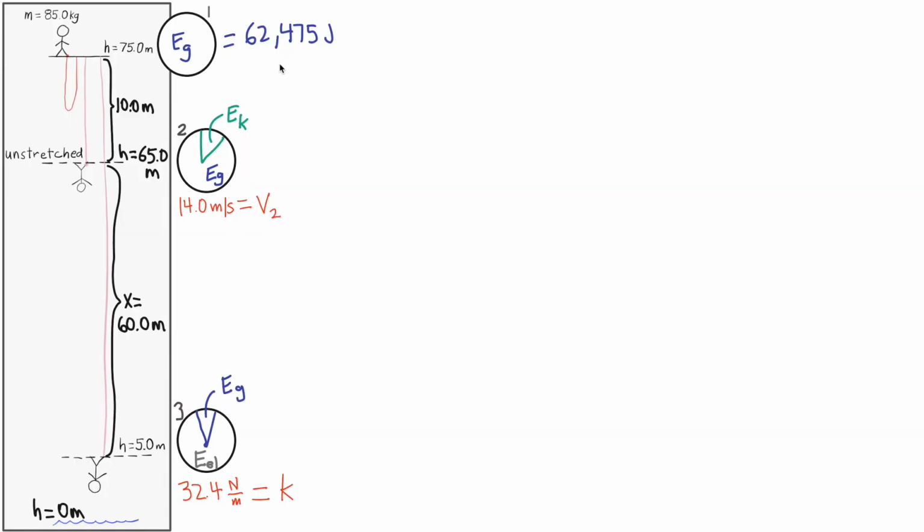Let's consider a fourth energy pie chart to organize our thinking on this problem. It would be somewhere in here. When the bungee jumper reaches her highest point on the rebound, she would be at rest, so there wouldn't be any kinetic energy. The cord is also unstretched, so there's no elastic potential energy. There would be a large portion of gravitational potential energy, as well as the dissipated energy total that the problem gave us.